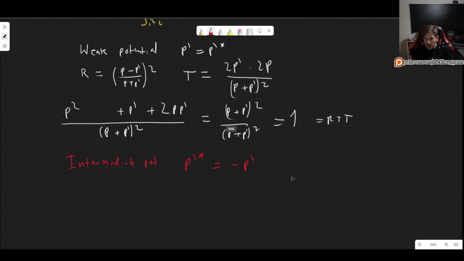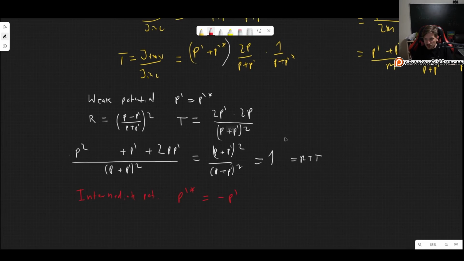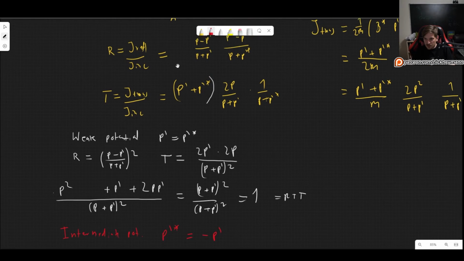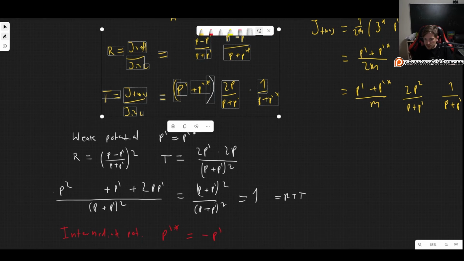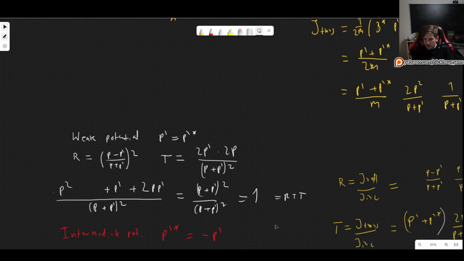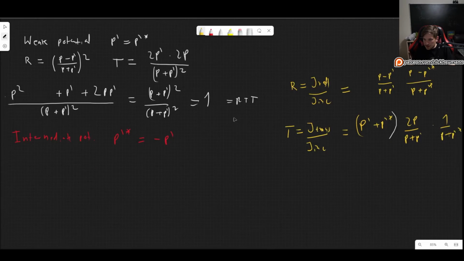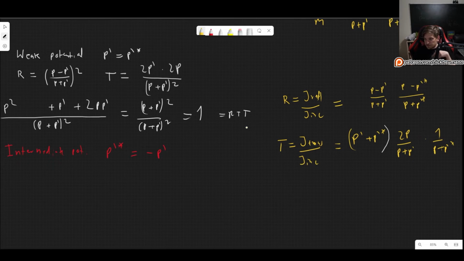All right, and now we're going to do the exact same thing as before. So we're going to take our expressions for r and t, which I will move somewhere to the side because it's a little bit far away. Now in this case, we have that r is going to be p minus p prime over p plus p prime, and then we have p minus p prime conjugate.